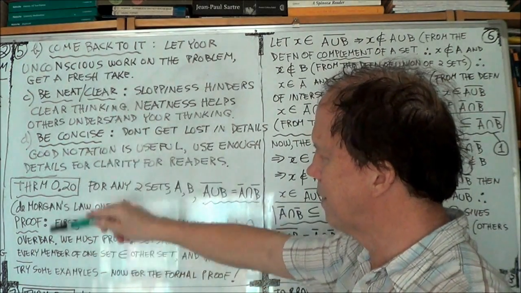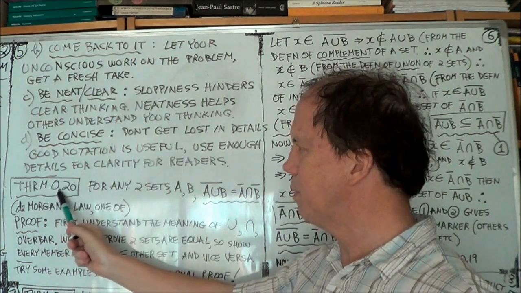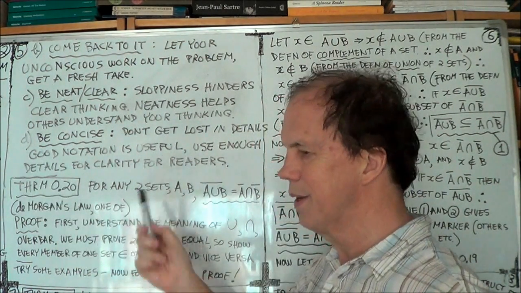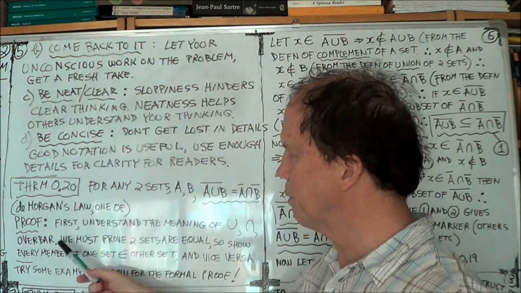Okay, now the next thing. This is theorem 0.20. These reference numbers are taken directly from the text, so you know where we are in the textbook.